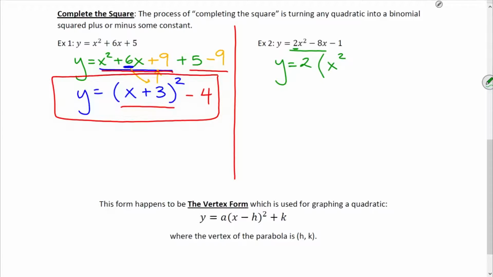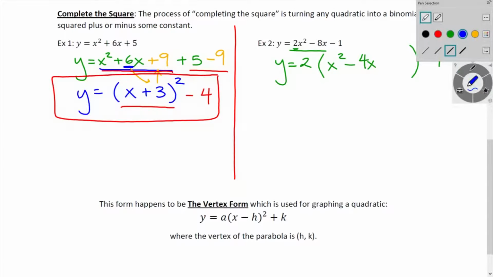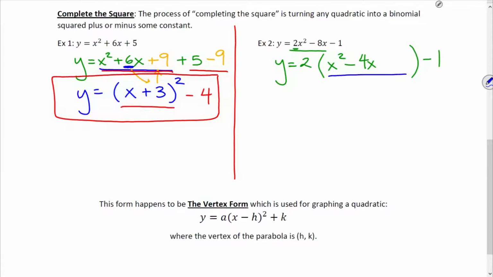Now 2 times what is negative 8x? It's negative 4x. I'm again going to leave a space that I'll fill in later, and I'll leave my minus 1 out here. Now, if this trinomial, what's going to be a trinomial, was to be a perfect square trinomial, it would have to be x minus half of 4, which is 2, squared.